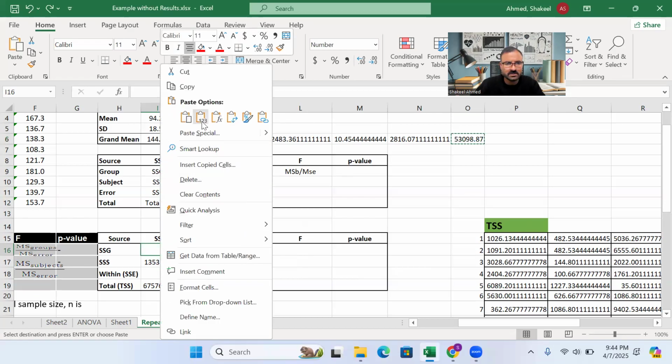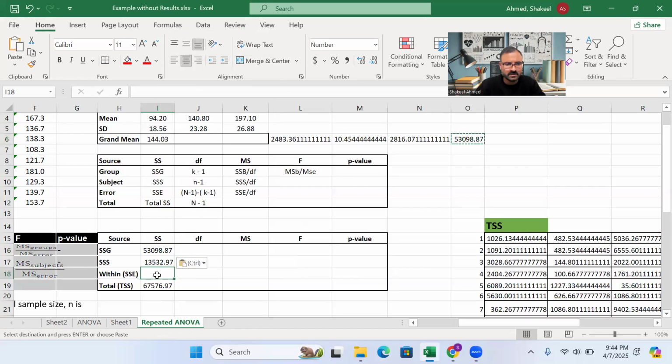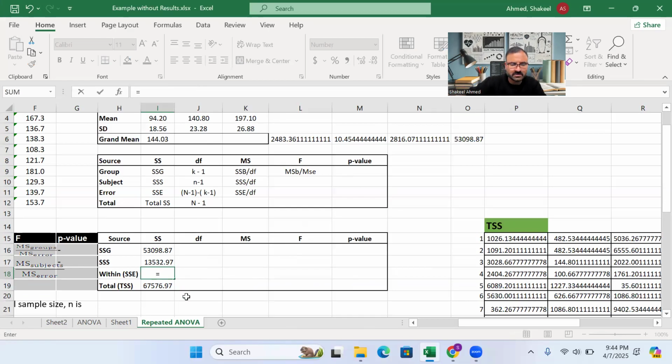So you just copy it, and then the within sum of square is the total sum of square minus the between group sum of square minus the between subject sum of square. And the degree of freedom is k minus 1, that is 2.